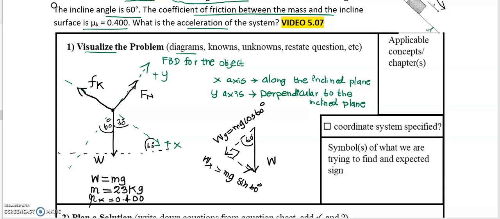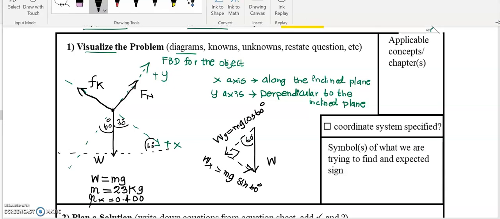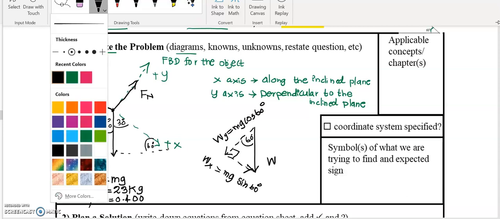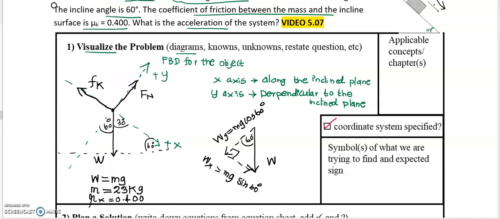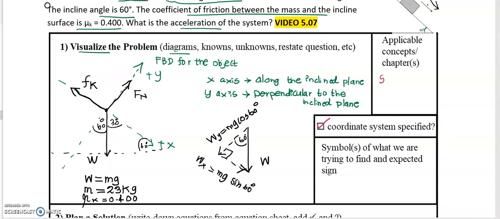Now let's see the applicable concepts. This is based on chapter 5, section 5.1. The coordinate system is defined, and in symbols, what we are trying to find is the acceleration of the system.